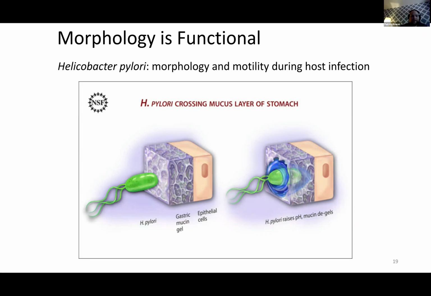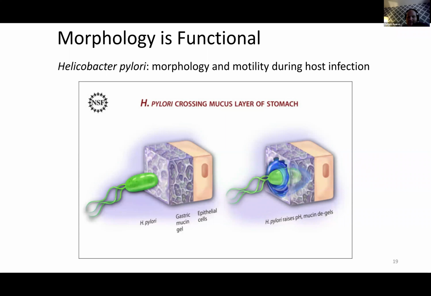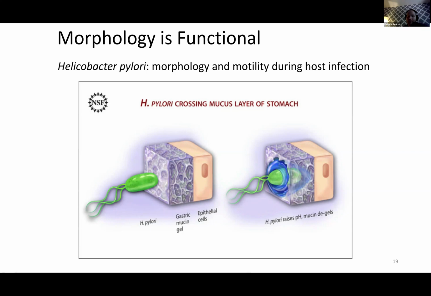So for it to cause infection, it has to swim through all your gastric juices and embed itself into your stomach lining on the edge of your stomach. And it has to be motile to do that. So it is beneficial for this bacteria early in infection to be motile so that it can physically swim and then infect you. But later in infection, it doesn't really matter, right? Later infection implies that it's going down.